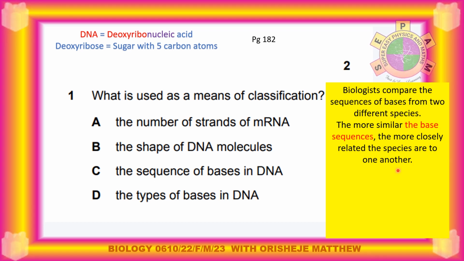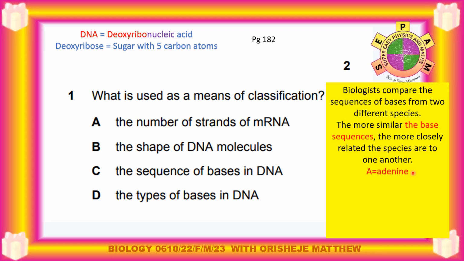But what are the bases? So one thing I want you to know is that a molecule of DNA is made up of 2 strands of nucleotides, making it a polynucleotide. And each nucleotide contains a nitrogenous base.